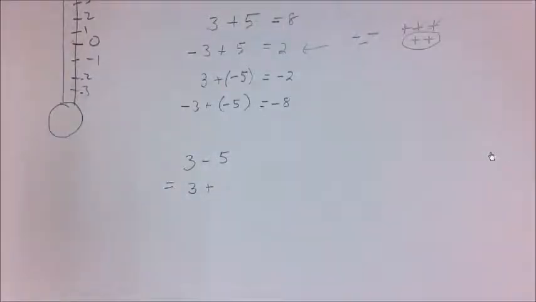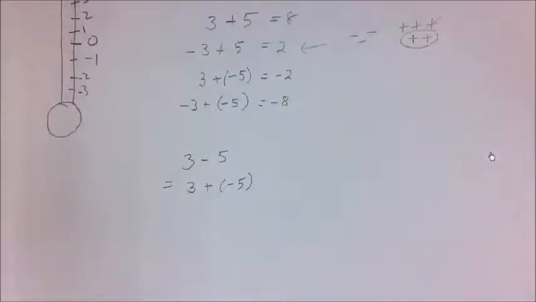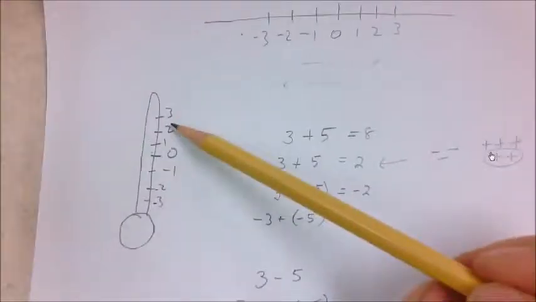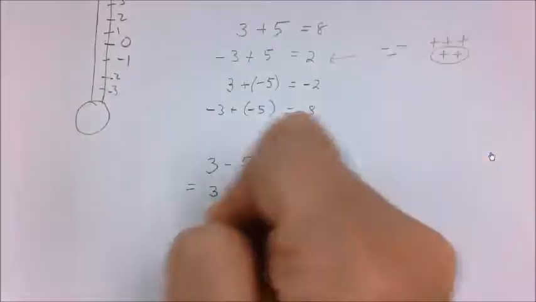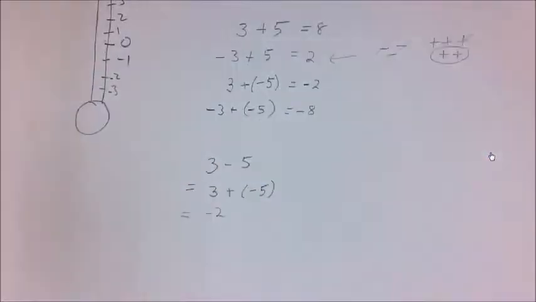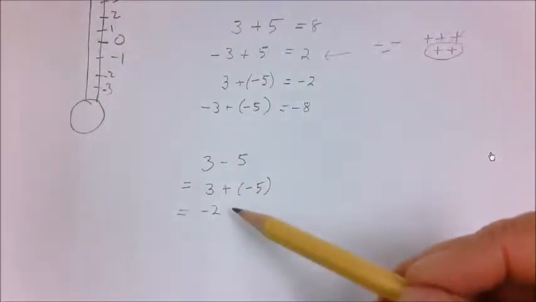It's -5. So 3 minus 5 is the same as 3 plus -5. Same thing, you're at 3 degrees and you're going down 5 degrees, and that ends you up with -2. Look how I'm writing my steps one under the other.